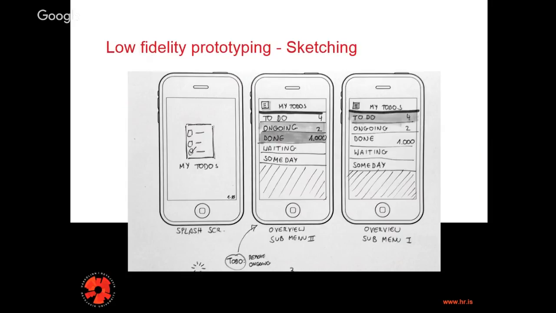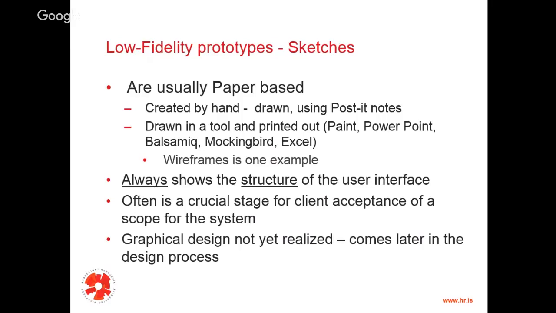And we also talked about low fidelity prototyping and sketching. So low fidelity prototypes, the first type is paper-based. It is usually created by hand or using post-it notes, and the course book really emphasizes that you do that as the first prototype.